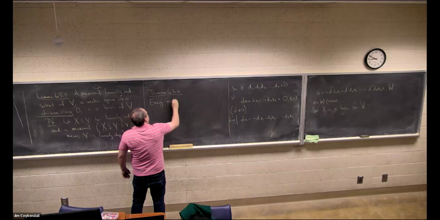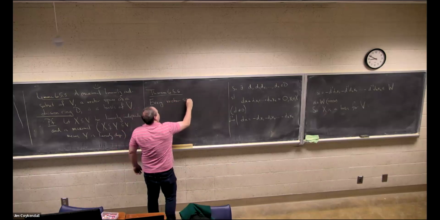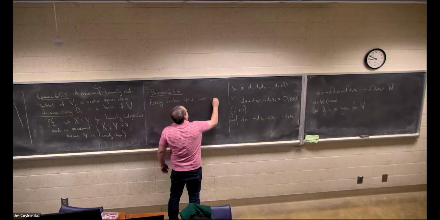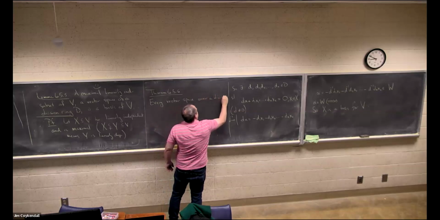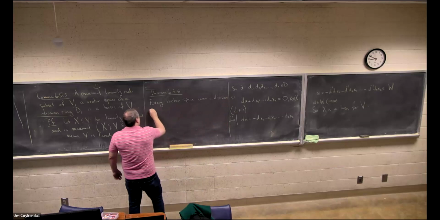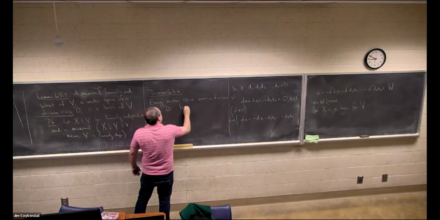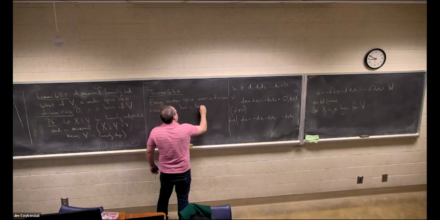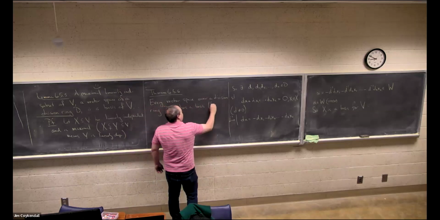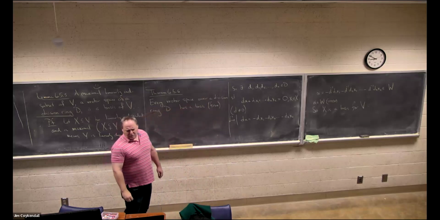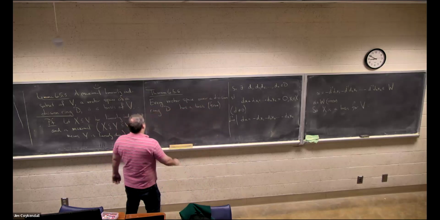Every vector space over a division ring has a basis. So therefore it's free.